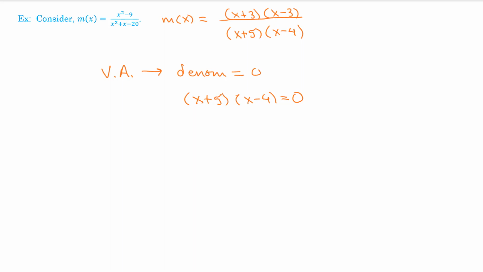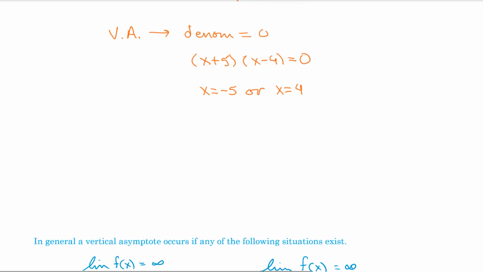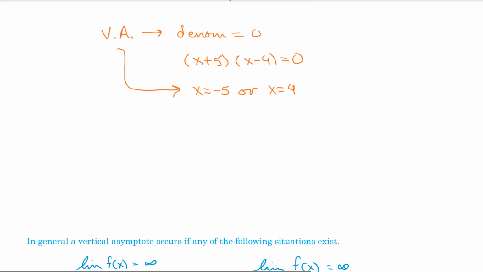These are going to be values of x for which our rational function is undefined, because you're getting a 0 in the denominator. Well, the values we're looking at are x equals negative 5 or x equals 4. So we wind up with vertical asymptotes at x equals negative 5 and x equals 4.